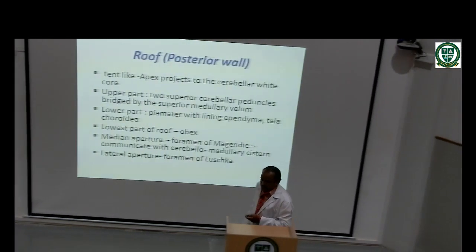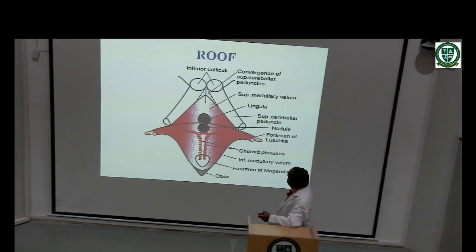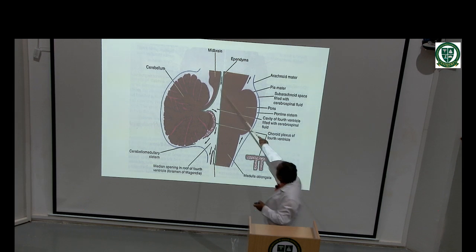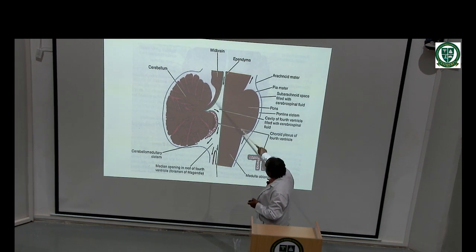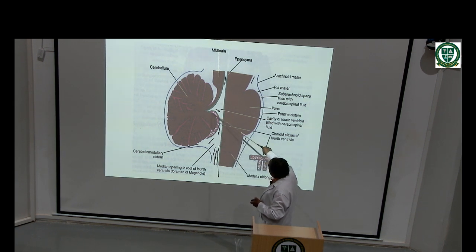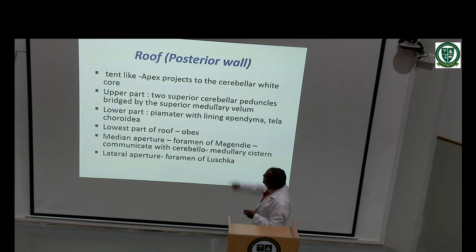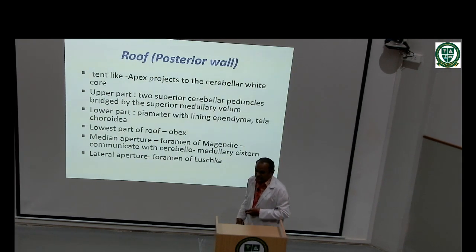So next, coming to the roof of the fourth ventricle. In this diagram you can see this is the roof of the fourth ventricle. It is a tent-like structure.